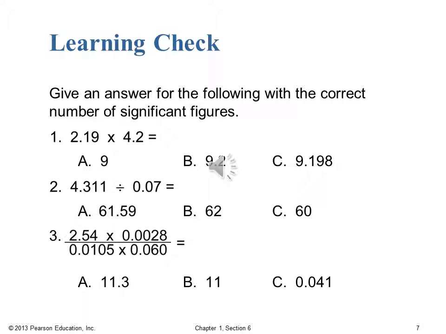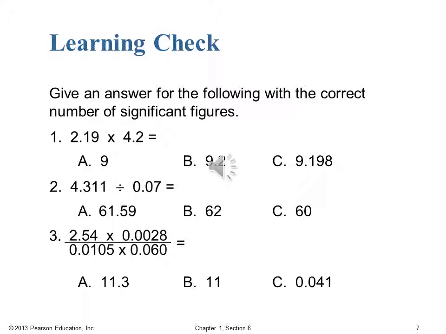Alright, so let's pause here with a learning check and see how you're able to apply that idea of significant figure rules for a series of multiplication or division. In the first example, we have 2.9 times 4.2, and go ahead and figure out what the result should be to the correct number of significant figures. For the second example, we have 4.311 divided by 0.07.